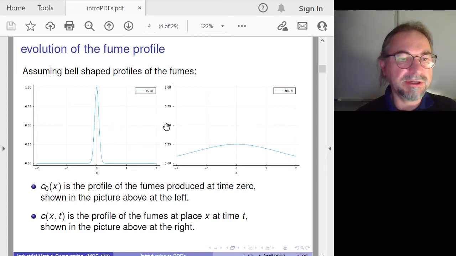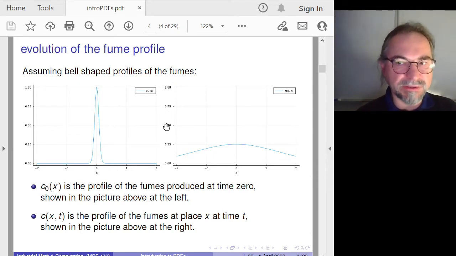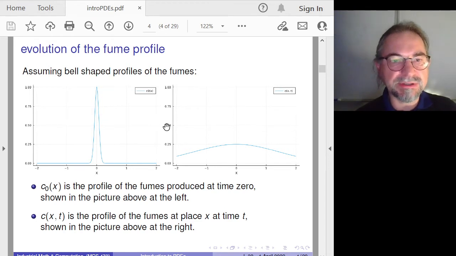Initially the concentration is mainly at x equals 0, when the emission for a couple of minutes happens, but then after time elapses the concentration kind of declines. So this is the pattern if there is, for example, no wind.